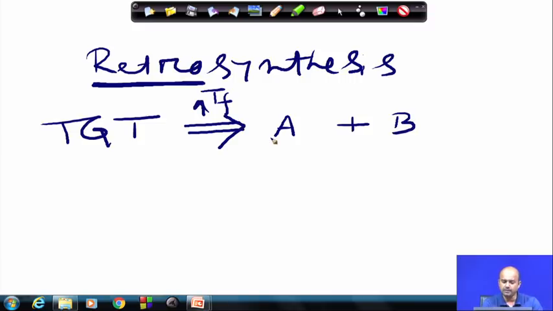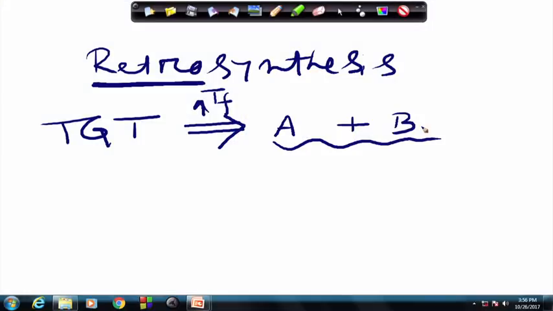And these intermediates A and B, undergoing a suitable transformation, will give you the target. This backward approach is called retrosynthesis. It is basically a programmed, logically driven approach. Just by seeing the structure, you can think about the suitable retrosynthetic pathways. We will come to those things a little bit later on.